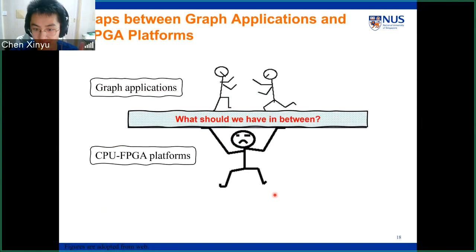At the high level, we have graph applications, maybe from data scientists or software developers. At the low level, we have hardware, which is CPU-FPGA heterogeneous platforms, right? So we are thinking, what should we have in between to bridge these 2 levels?